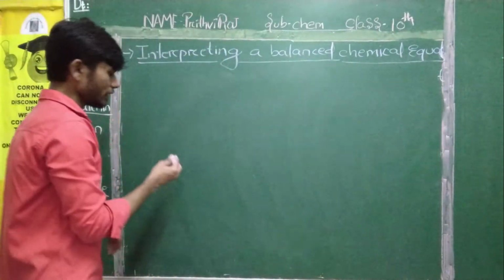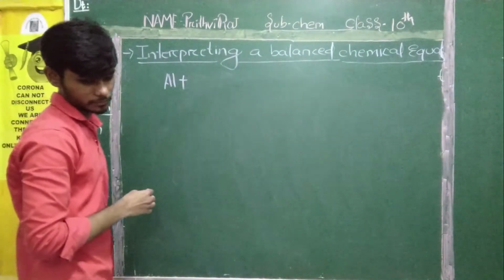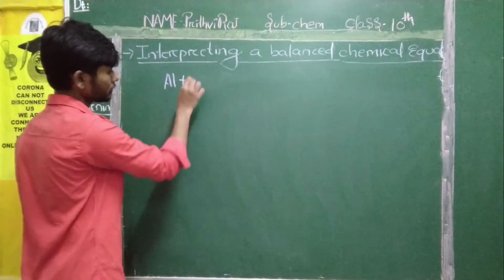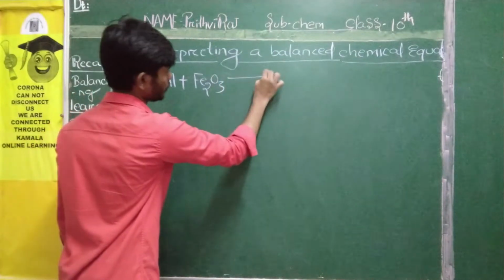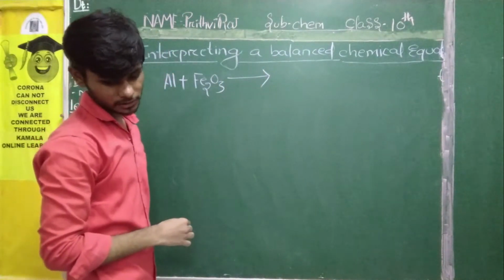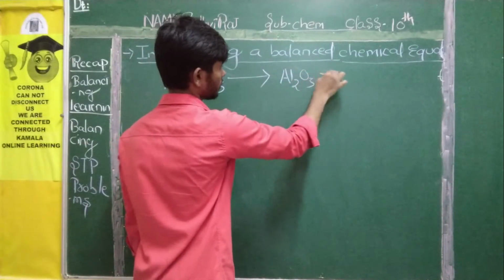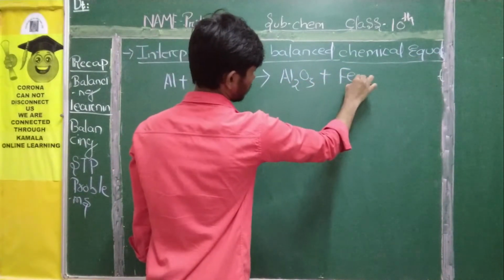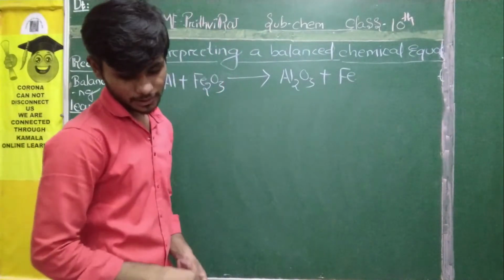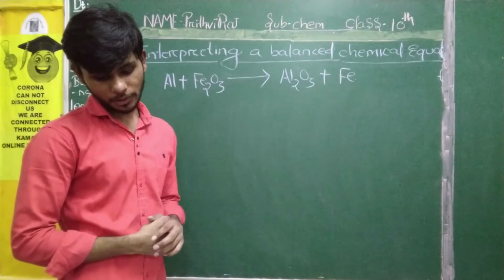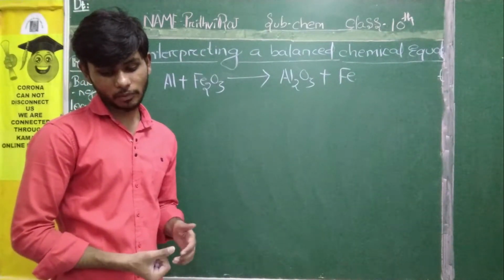So he is giving a reaction to watch: aluminum plus Fe2O3 gives aluminum oxide plus Fe. He is saying that you are asked to calculate the amount of aluminum required to get 1120 kg of iron from the above reaction.